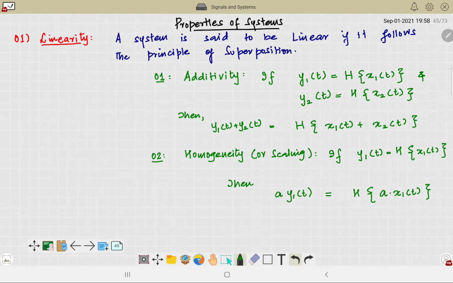That is additivity and homogeneity. And if your system follows both these properties, we say that it is a linear system in the sense that it follows the principle of superposition.